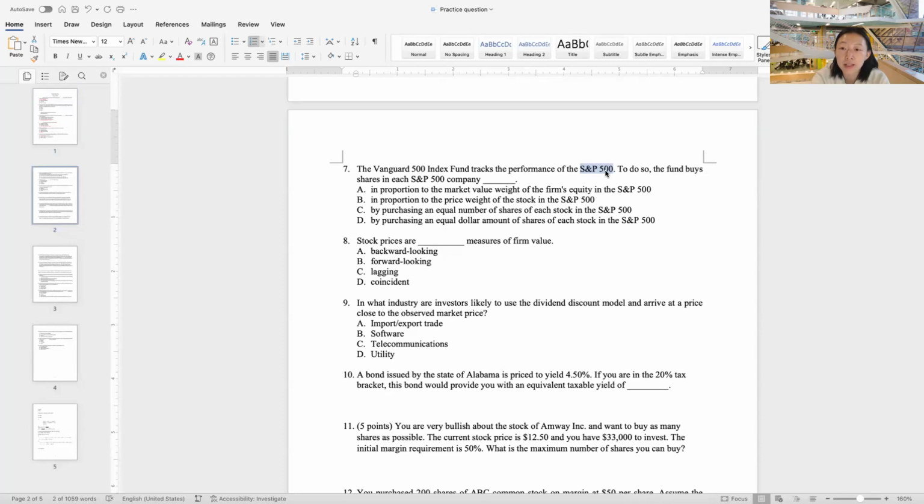There are several ways: equal weighted, value weighted, and dollar weighted. Most indexes, including the S&P 500, are value weighted. Value weighted means it is proportional to the market value weight of the firm's equity in the S&P 500. And A here.